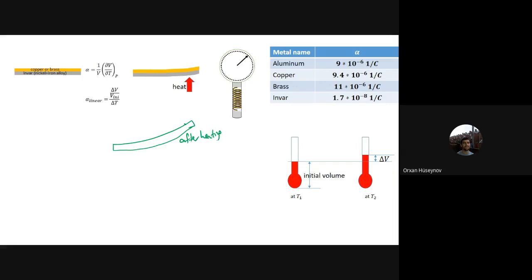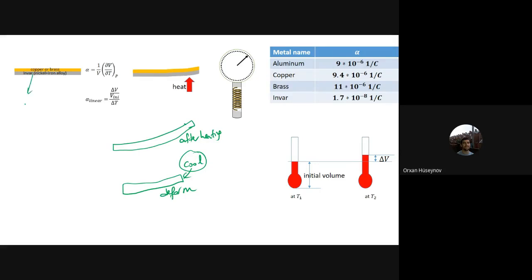Now it becomes cold. What will happen to this copper? It will change its shape, deform. It will deform when it cools, but we don't want it. We want the metal to keep its shape. Therefore, we put another metal underneath it and glue it, stick it to each other. These are together.